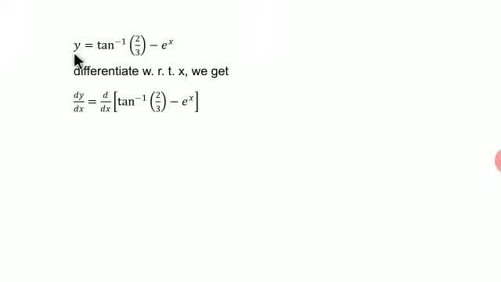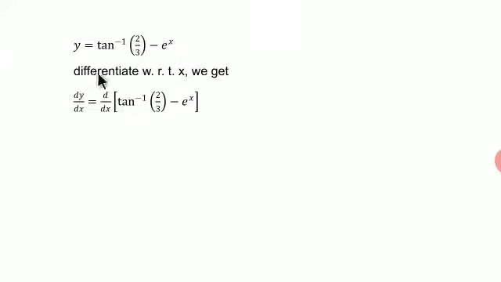Okay, so differentiating this with respect to x, first of all we put theta as tan inverse of 2 by 3. So y is equal to tan inverse of 2 by 3 minus e^x. The next value is what? If we take the value as e^x minus theta, then we get e^x minus tan inverse of 2 by 3 also.